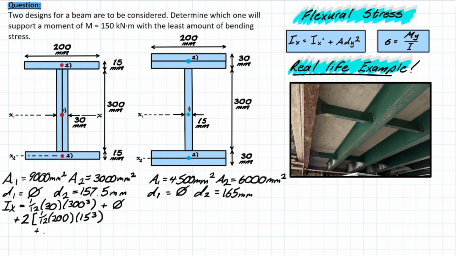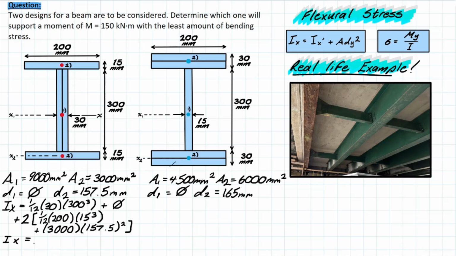Then we're also adding this second component of the AD squared. The area we solved for is 3,000 millimeters squared, and the D is going to be 300 over 2 plus 15 over 2, which we solved for already, 157.5, and that is squared. Close the bracket.